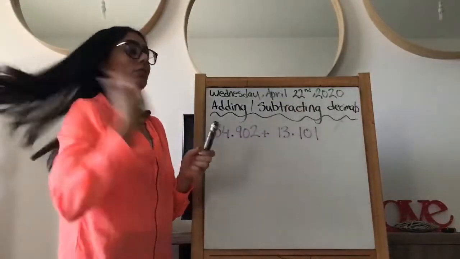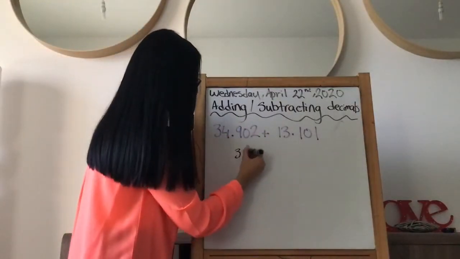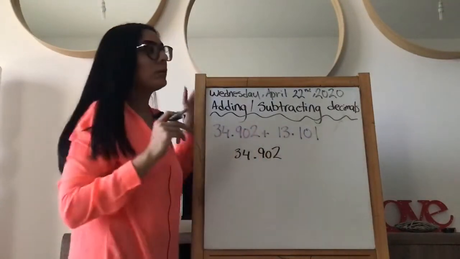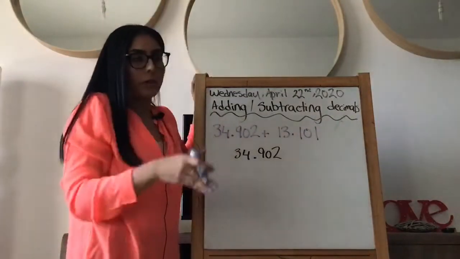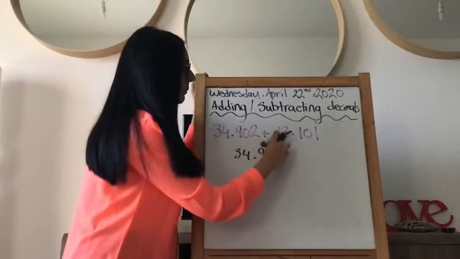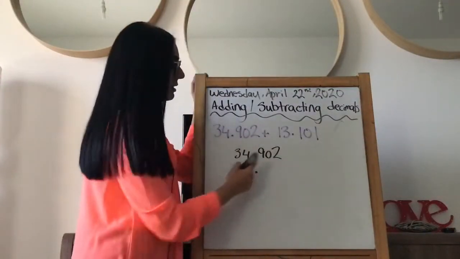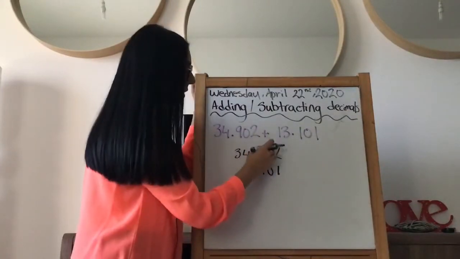Now, first step is just to set up the stage, and we know addition stage. So I'm going to write 34 decimal 902, and your best friend for addition and subtraction with decimals is going to be how straight and how neat you are. So you need to line up the decimal. So I'm going to line up the decimal first. So always just put the decimal first, then start going. I'm going to write 1, 0, 1, and I'm going right underneath it.